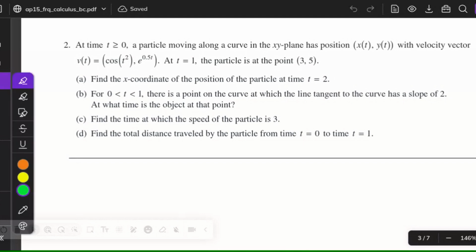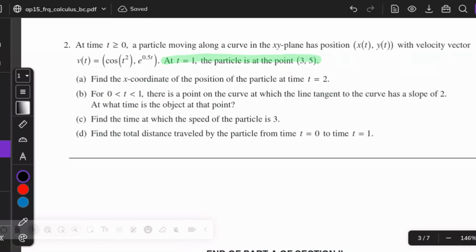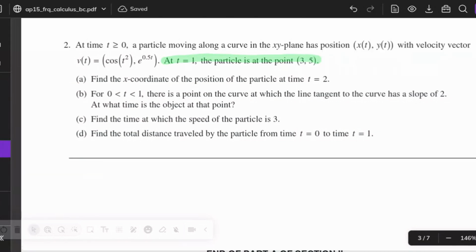Okay, so let's highlight some of the important things that I think most of us tend to miss. First of all, at t equals 1, the particle is at the point (3, 5). This is your initial condition, and it's very important because, as you see in the first question, we'll need to use it, so don't forget that.